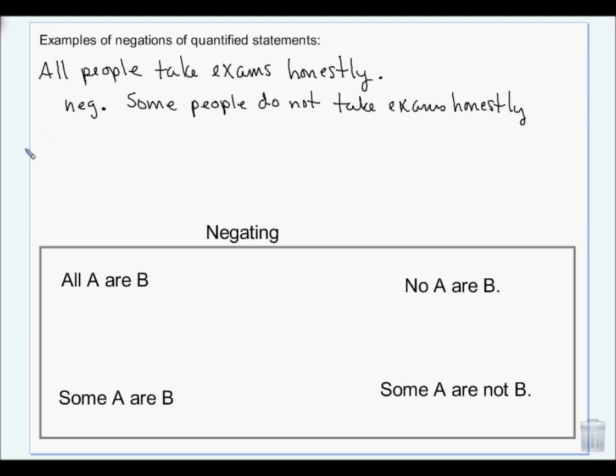If I say some roads are not paved, or no, sorry, are paved, the negation of some is that no roads are paved.